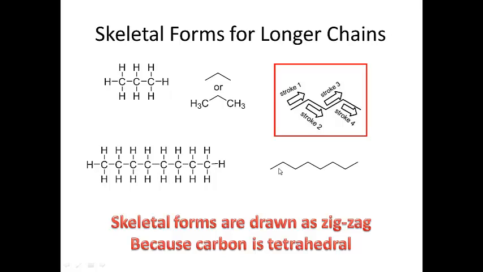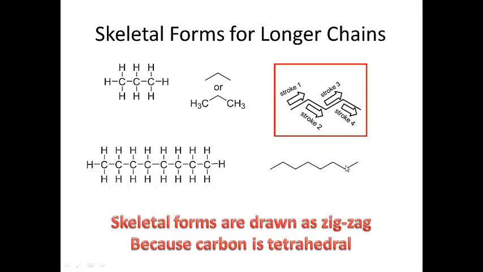This is octane. Notice here is the skeletal form where I start here and the skeletal form is drawn as a zigzag because we already talked about this carbon is tetrahedral. So you can start here, and this is just a 5 carbon chain. So if I start here, I'll make one stroke upward, and then I make another stroke downward, and then another stroke upward, and then another stroke downward.